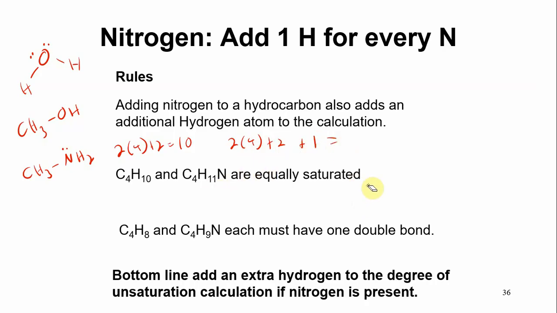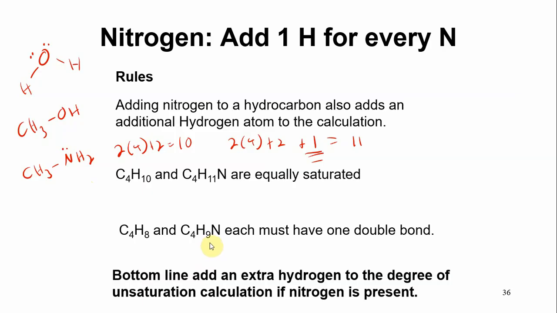What do we get? 11. So for every nitrogen you add, you add an additional hydrogen, because nitrogen is trivalent, unlike oxygen being divalent. What do you do with phosphorus? Same thing.